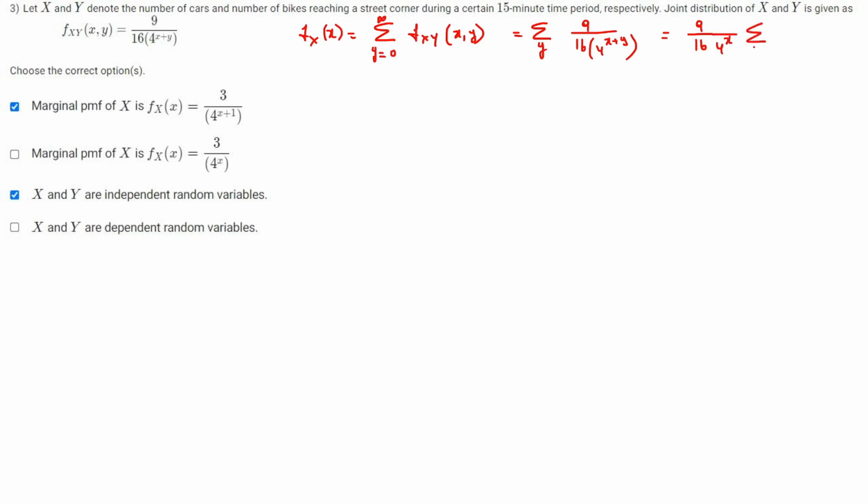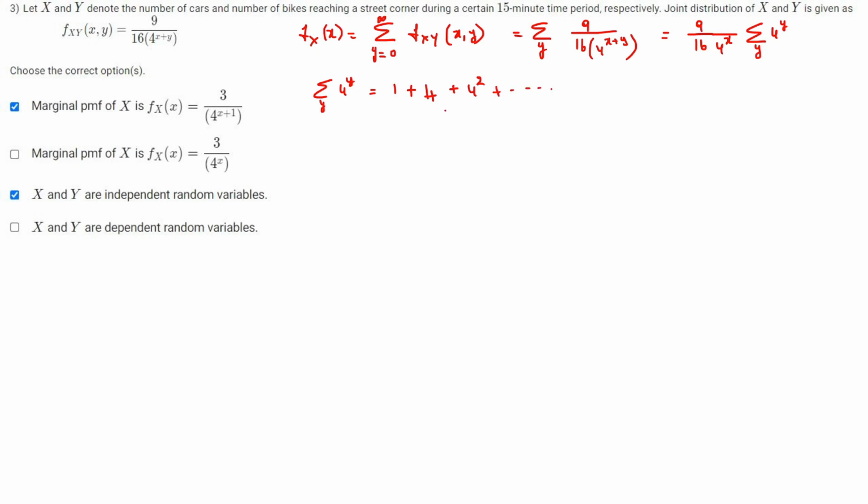Now what is remaining? Sigma y of 4 to the power of y. That is nothing but adding the values from 0. What is 4 to the power of 0? That is 1, plus 4 to the power of 1, plus 4 squared, and so on.